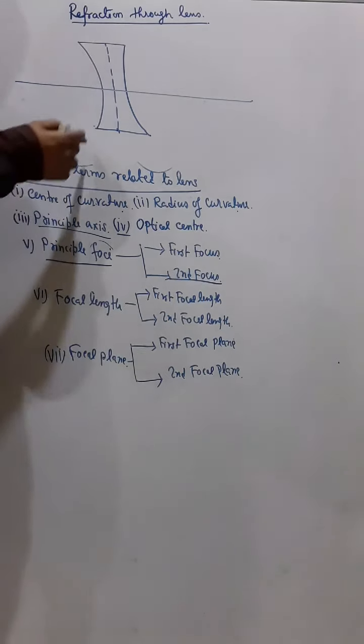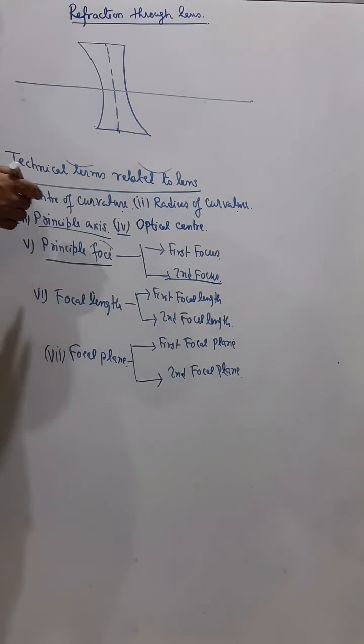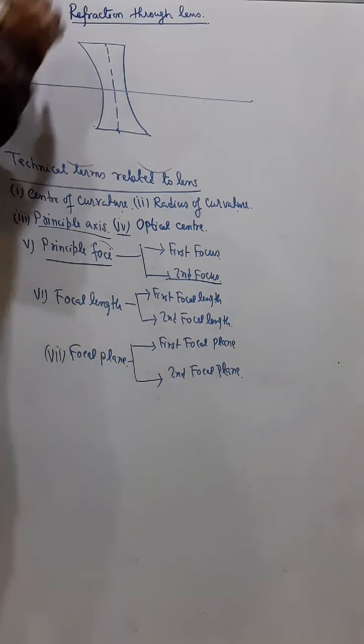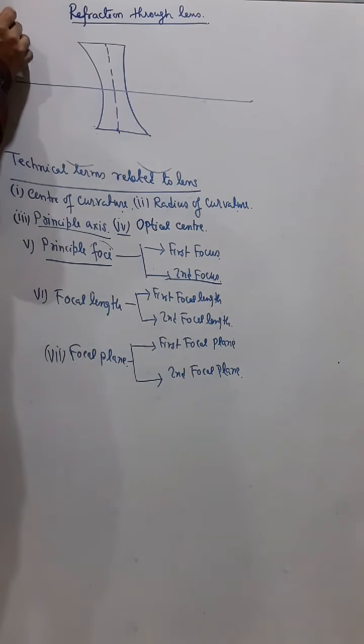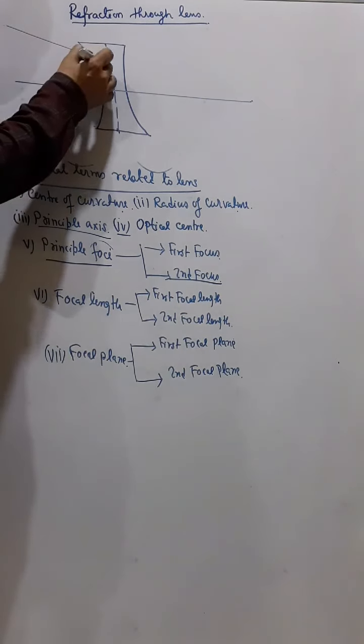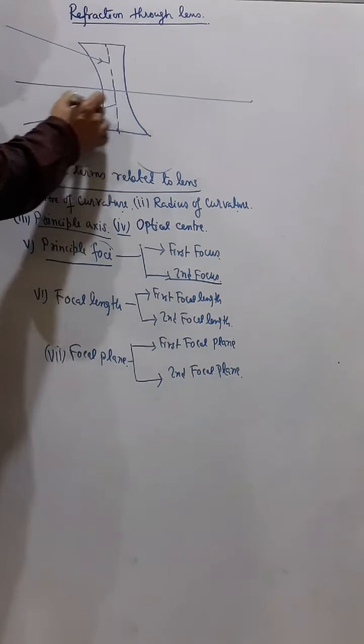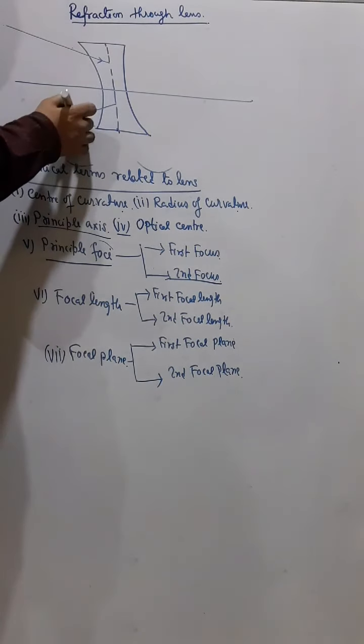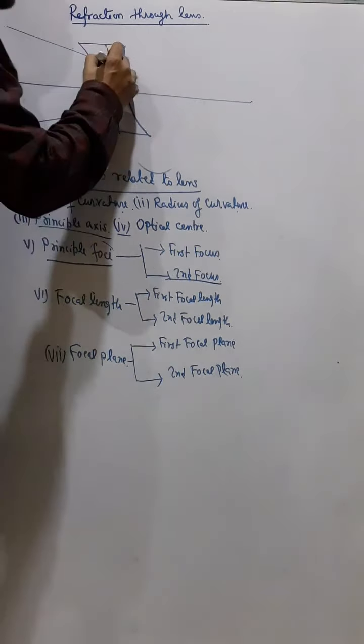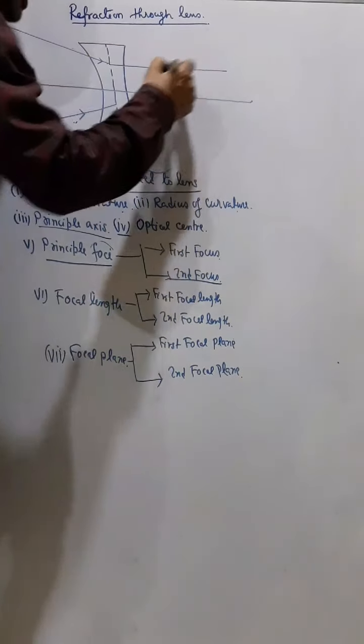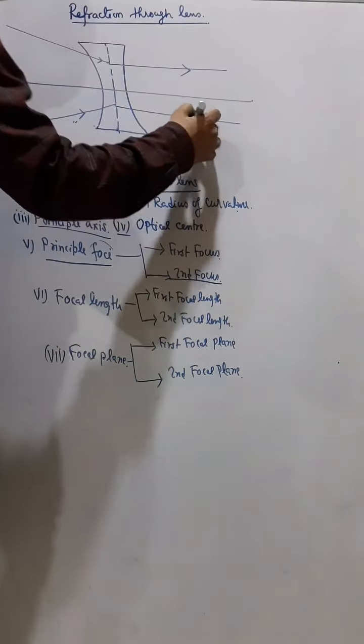Now in case of a concave lens, a ray of light after refraction becomes parallel to the principal axis.